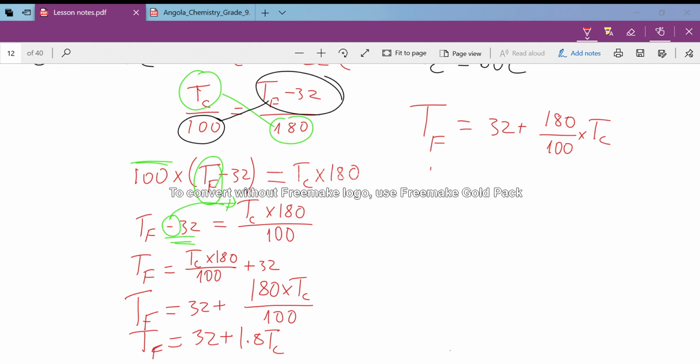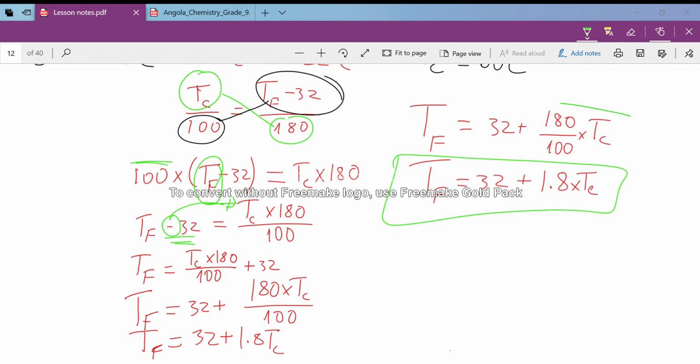Or we could write TF equal to 32 plus, when we do 180 divided by 100, it will be 1.8 times TC. I feel like this formula is easier to memorize. But of course, this is also correct.